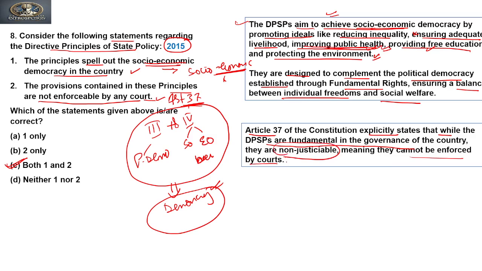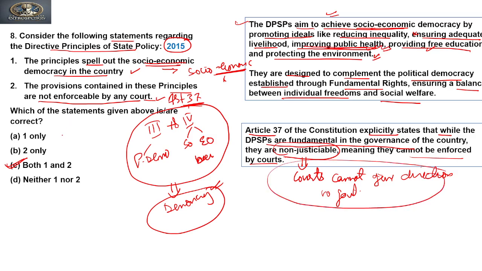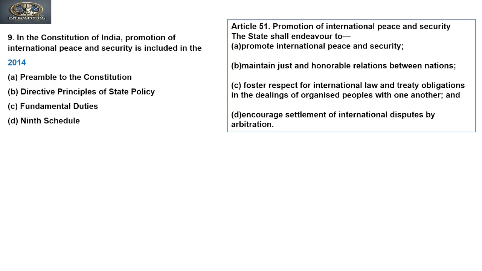And we had already discussed that non-justiciable means the courts cannot interfere or the courts cannot give direction to the government related to any law, right? So both of these statements are true. Clear? Okay. Now let's move to the next question.